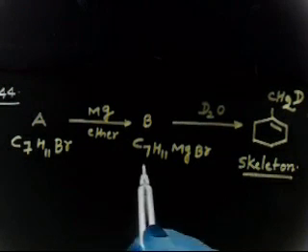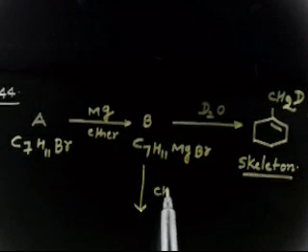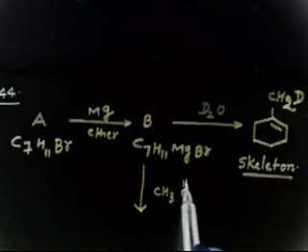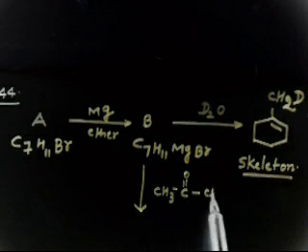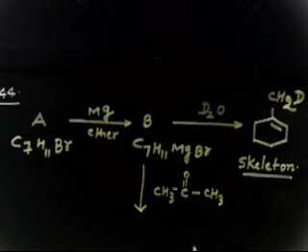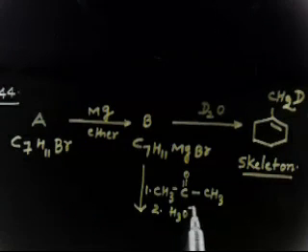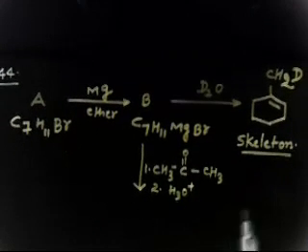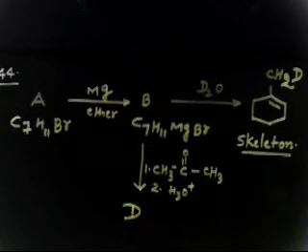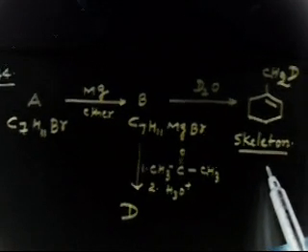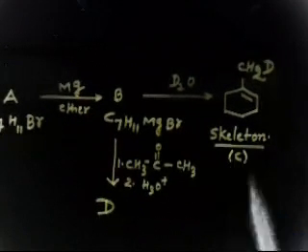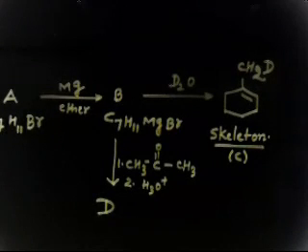Acetone is CH3, CH3. So B reacts with acetone followed by hydrolysis, H3O plus, and gives D. Basically they have called this compound C.